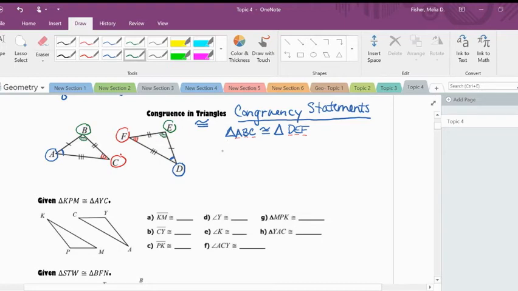So another one would be to say that triangle CBA is congruent to triangle. So if I put C first, I have to put F first. And B was in the middle, so E is in the middle. And A is last, which means that D is last.